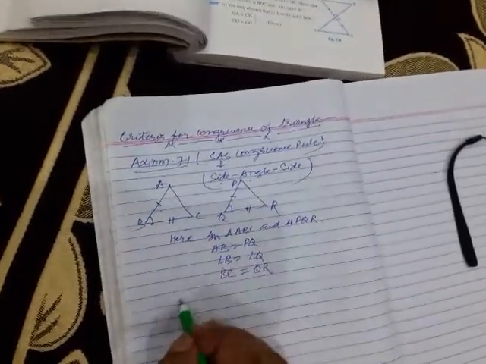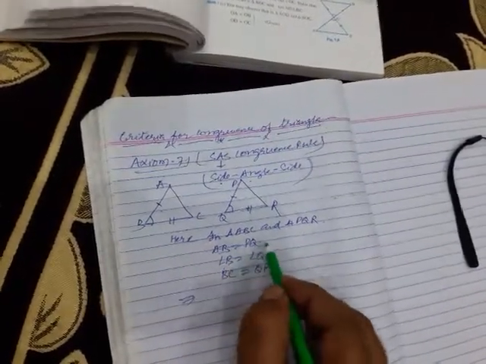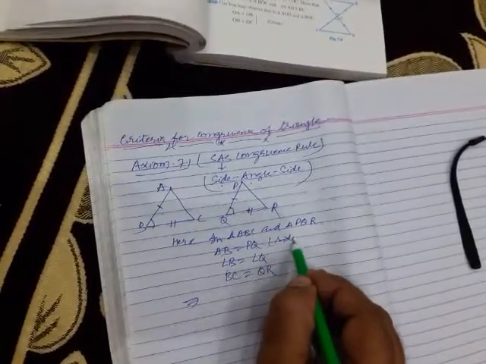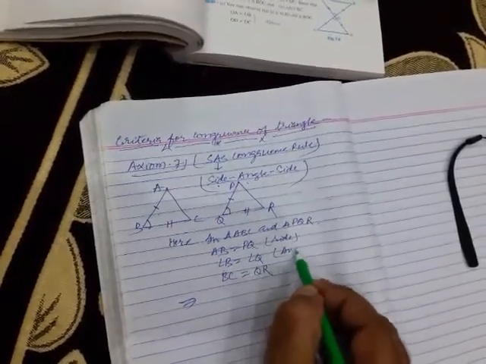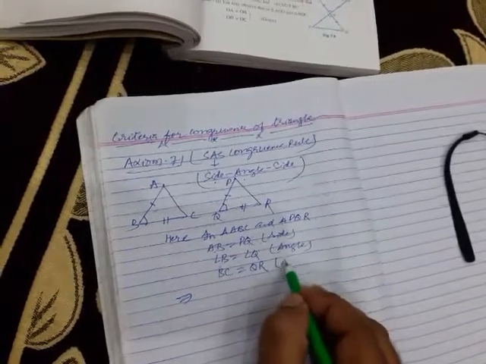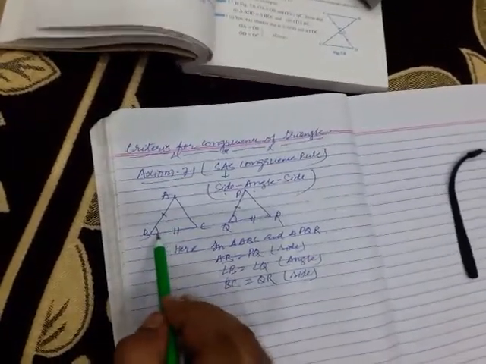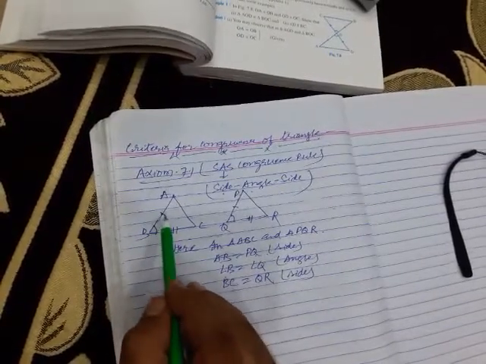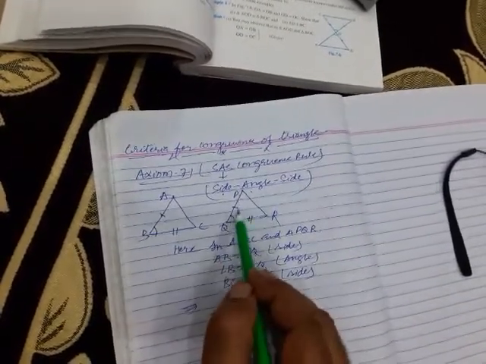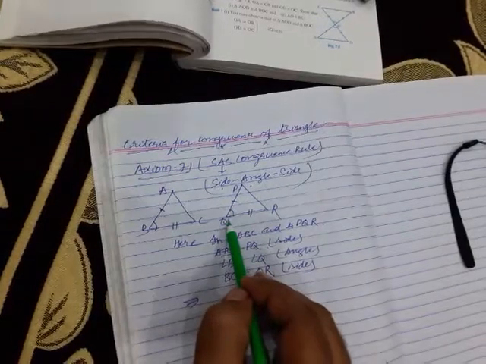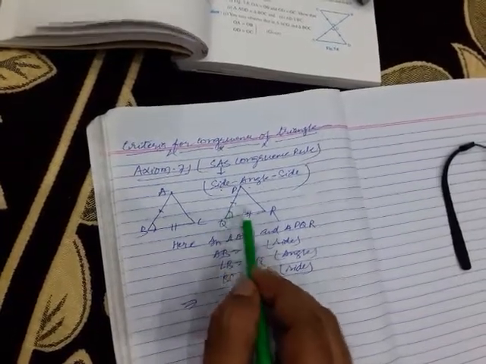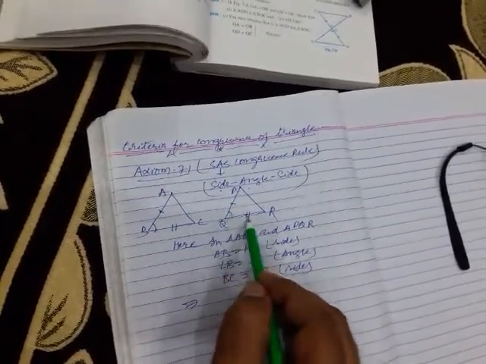Then in such a situation we say that this is side. What is this? This is side, this is angle, and this is also side, children. Clear? So here this angle is included by these two sides, this side and this side. Here the corresponding angle Q is also included by two sides, that is this side and this side.